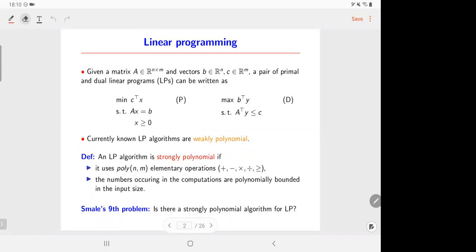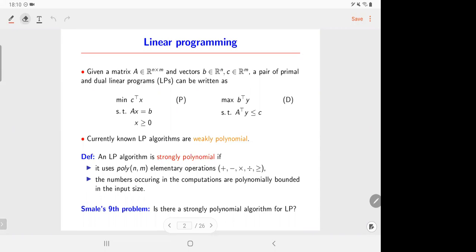We have Ax = b, x non-negative, and the dual, which I want you to pay more attention to, is maximize b transpose y subject to A transpose y less than or equal to c. Today we'll be looking very closely at the dual linear program. In particular, we want to devise strongly polynomial algorithms to solve the feasibility of the dual LP.